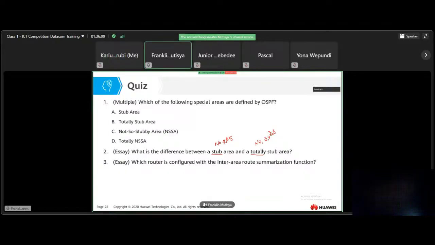So a totally stub area, we have said, does not allow type 4 and type 5 or type 3 LSAs.